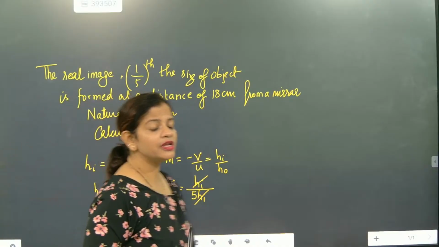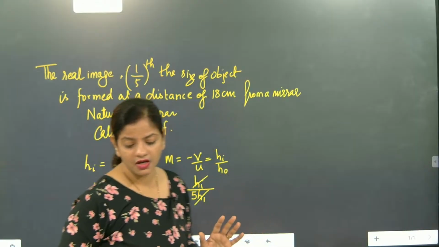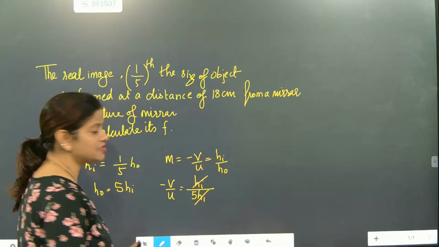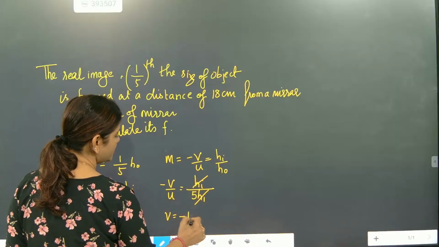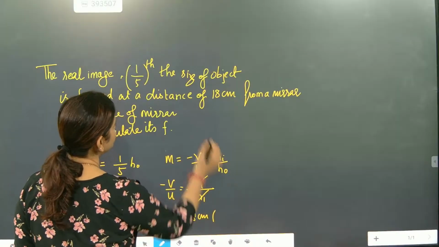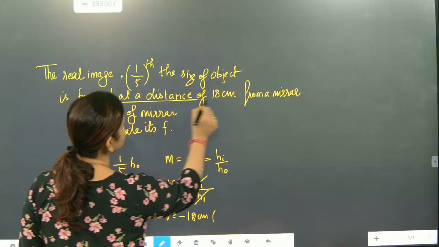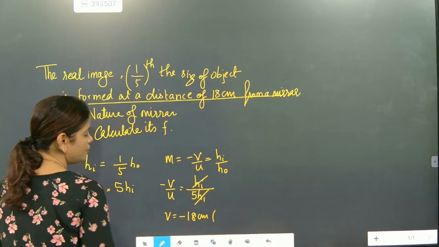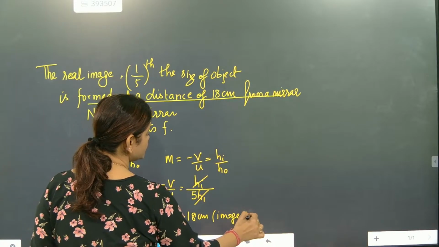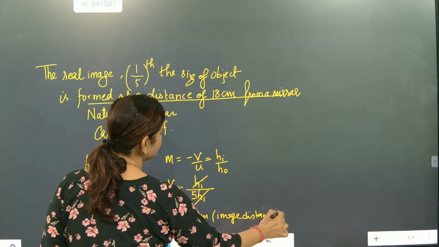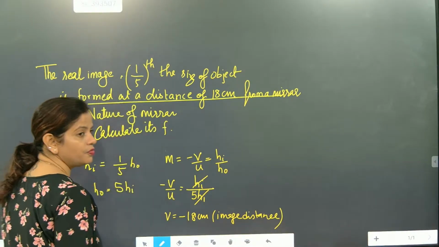So that means what? Real image distance is given. That means what is given, beta? v is given as minus 18 centimeter. See, they told that it is at a distance of this much from the mirror. So v is given. That means image distance is given. Since it is in front, it is exactly going to be negative.